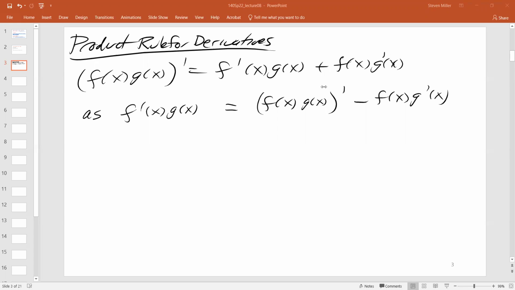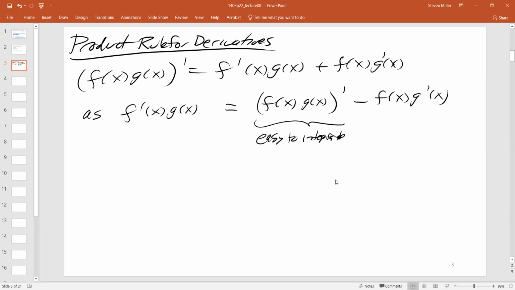Which one of the three, if I ask you, what's the antiderivative of? Which one is very easy to find the antiderivative of? The second one, right? The second one is I have the derivative of f of x g of x. What function has derivative f of x g of x? Oh, it's the function f of x g of x. So this is easy to integrate.